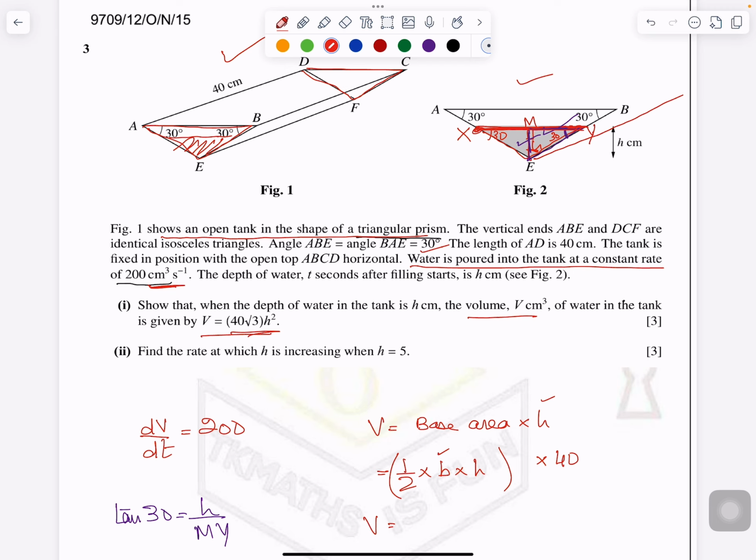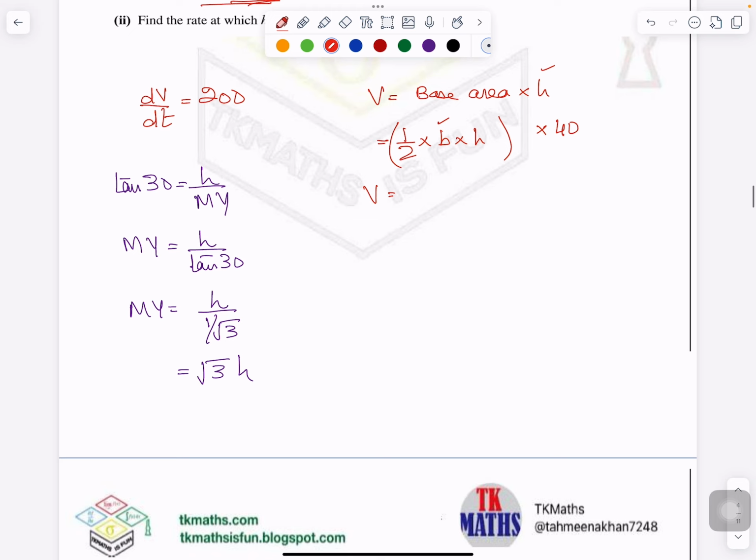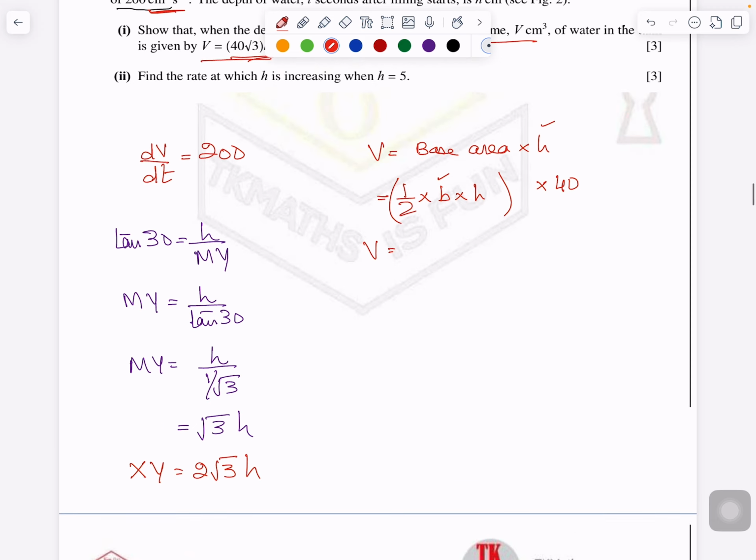So I will double it. So I can say xy is equal to 2 times root 3 h, right? So now I am going to replace here. So now it is half into 2 times root 3 h into h into 40. This cancels out. So I will have volume is equal to 40 root 3 h squared.